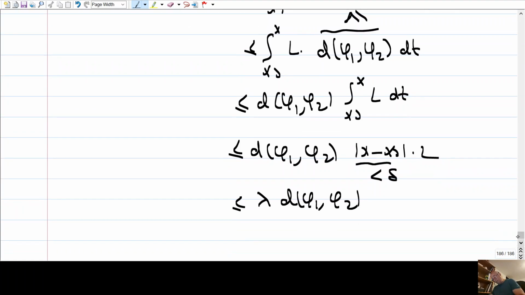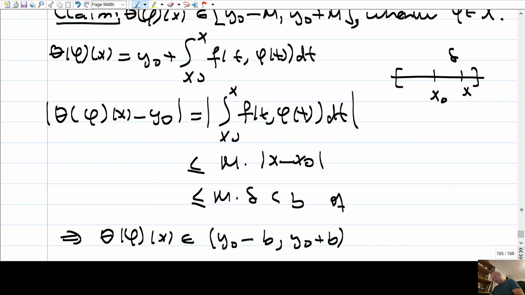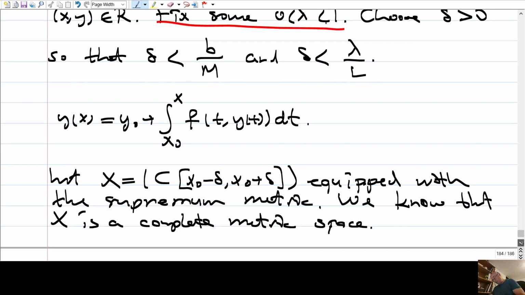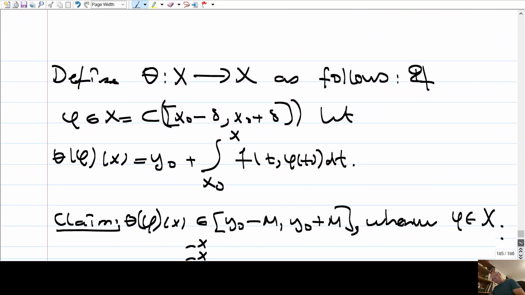and lambda was a fixed number, right? Lambda was a fixed number less than 1. L times delta is less than lambda, and lambda was less than 1. Okay.